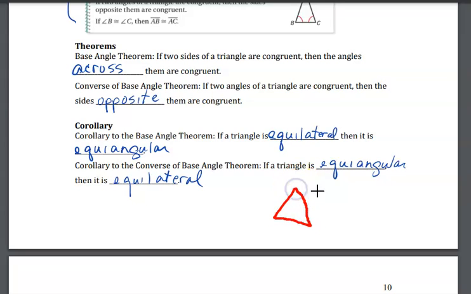It's not a great triangle, but I can draw it. So if we know that this side equals this side, and it equals this side, then it's equilateral. The second I say it's equilateral, I then know that this angle equals this angle, which equals this angle. So add this drawing to your notes.